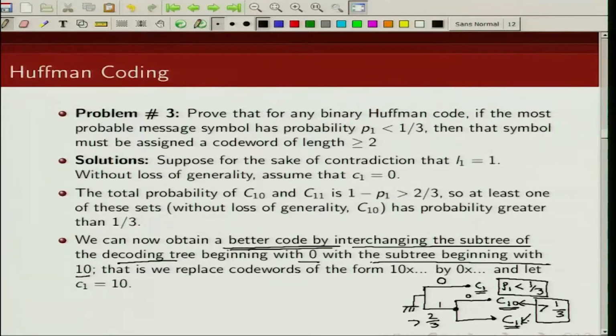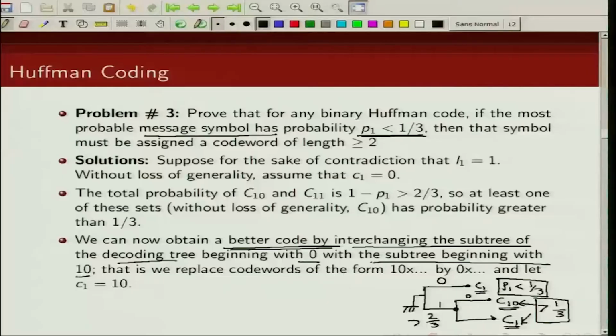So what we have shown is that this assumption, that the most probable message symbol with probability less than 1/3 can be assigned a code word of length 1, cannot hold, because we just saw that in that situation we can actually get a better code by interchanging C1 with either C10 or C11.